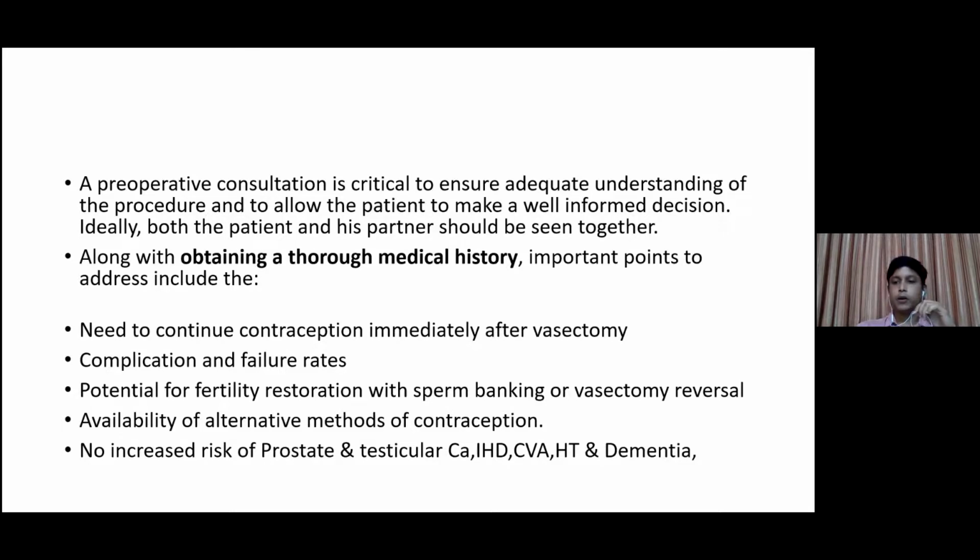It might take around 3 months and approximately 20 ejaculations. So we have to educate the patient to use contraception for 3 months, and discuss complications and the possible, low, failure rates. There is potential for fertility restoration with sperm banking or vasectomy reversal, but it should be considered a permanent contraceptive method.